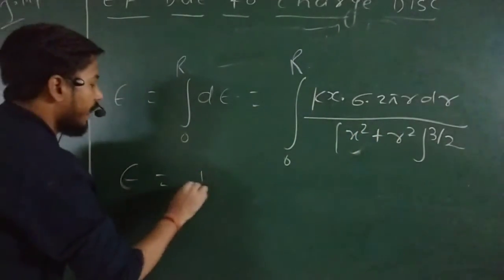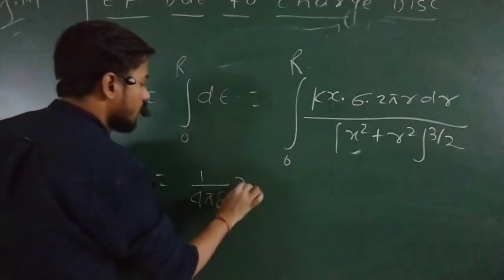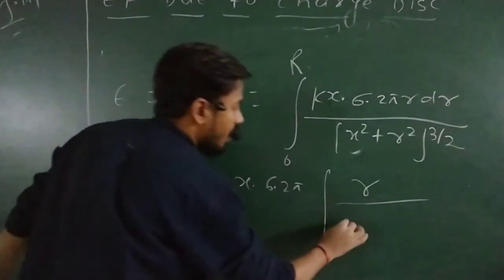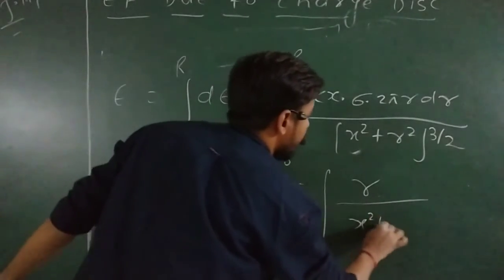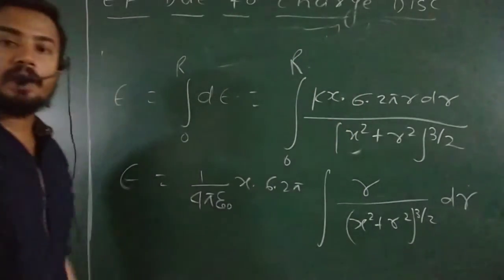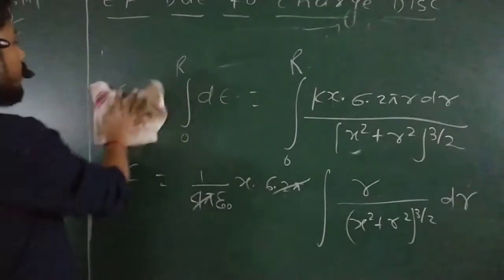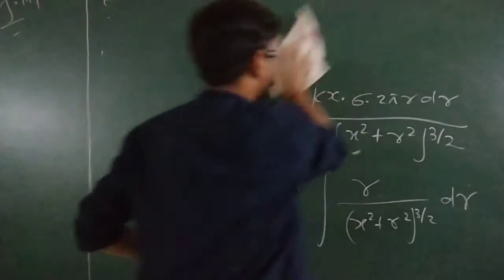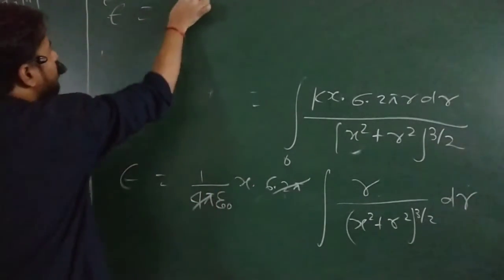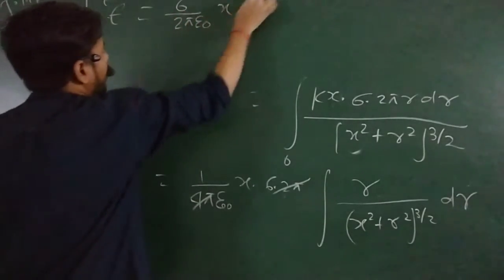Here k is 1 by 4 pi epsilon 0, into x into sigma into 2 pi, integration of r by (x square plus r square) power 3 by 2 dr. Are you getting my point? After cancellation, the result is sigma by 2 epsilon 0, into x and the integration of this one.